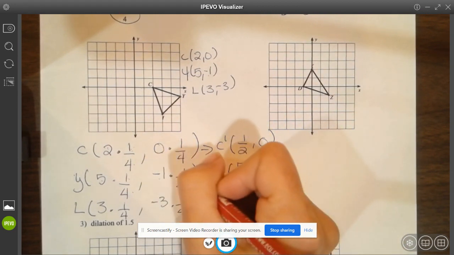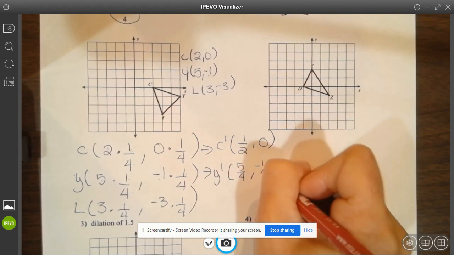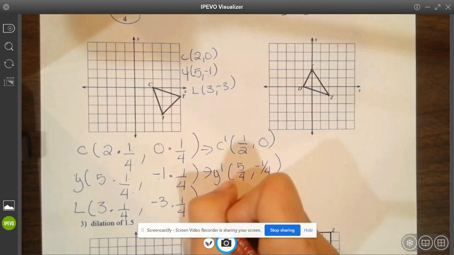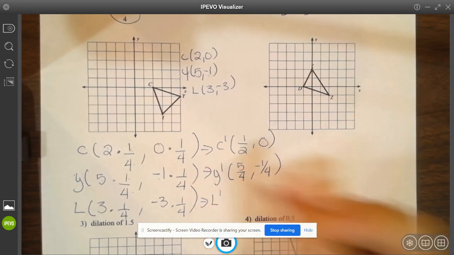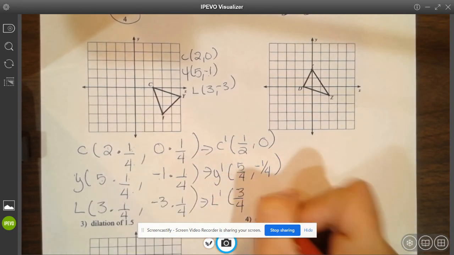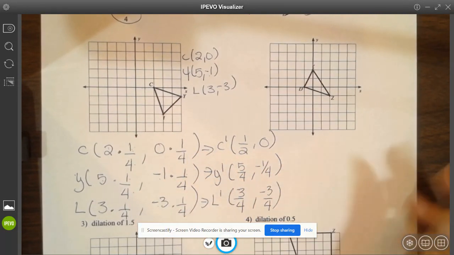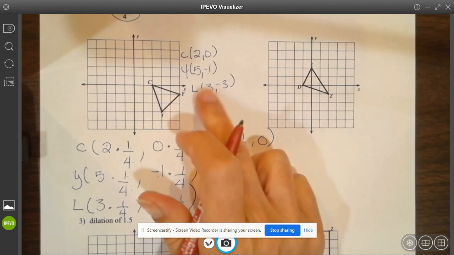And then negative 1 times 1 is negative 1 over 4. My next point is L, and 3 times 1/4 is 3/4, comma, and then negative 3/4. And those are my new points. So notice that it's going to be shrinking, right?